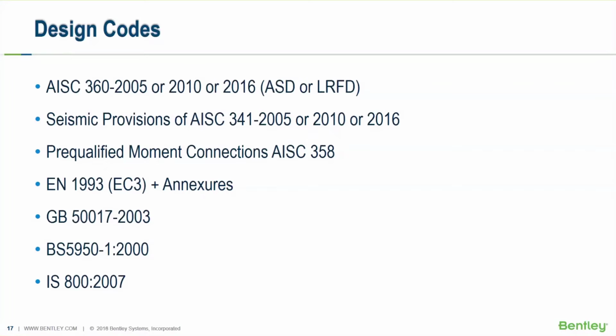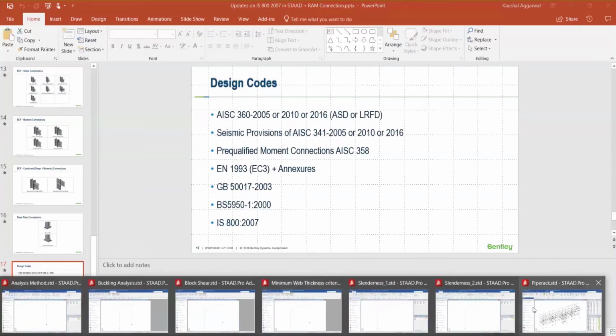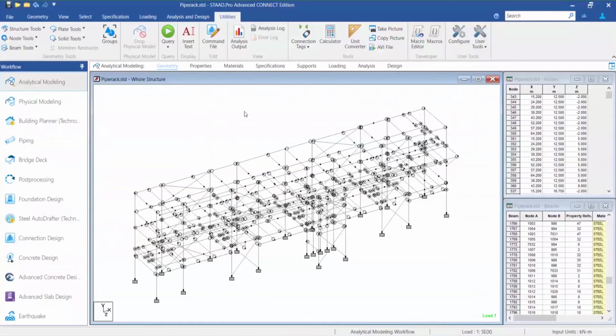There are some examples from S.S. Bhavikatti inside RAM Connection, and also the Eurocodes we had to refer to as an international design code wherever there is no specification from the Indian design code. So bear in mind when you use RAM Connection, it is with these conditions. Let's have a look at what can be done.